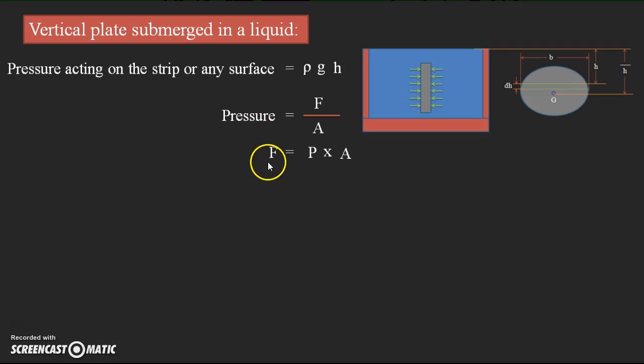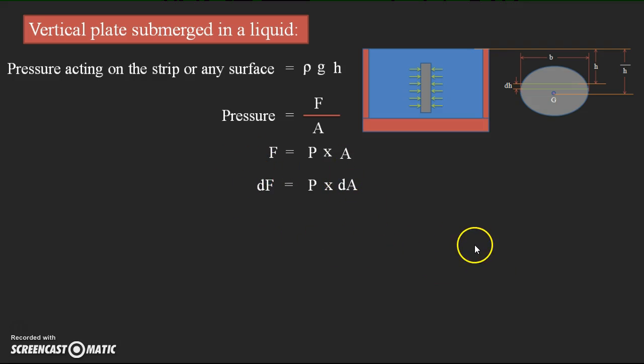Here this is the total force, but here we have taken an elemental strip. So on that element, the small force acting is equal to pressure into the smaller area. The pressure will be the same at any point you select because it is a surface force. So P we write as it is, but the elemental area we need to consider for the elemental force.